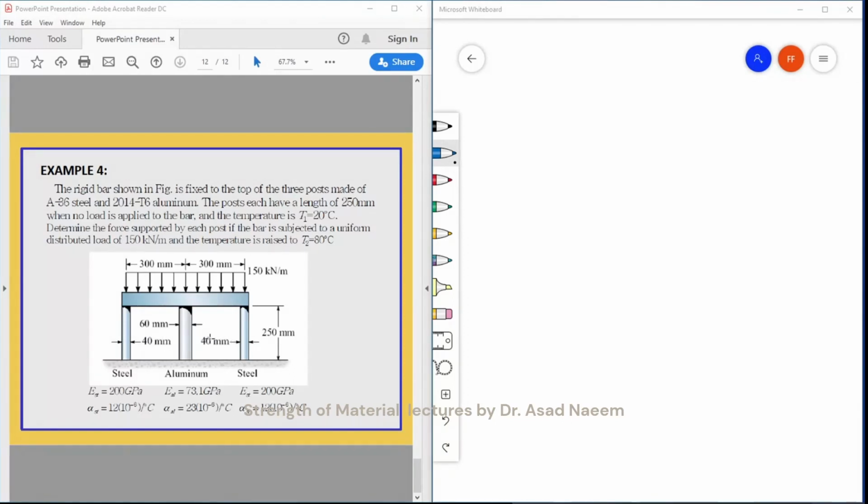Okay, so we have the radius, area, diameters of these bars and the height, which is 250 millimeter. And now we have to calculate the force applied on these posts, these columns. ठीक है, so in this part, first of all, equilibrium equation.